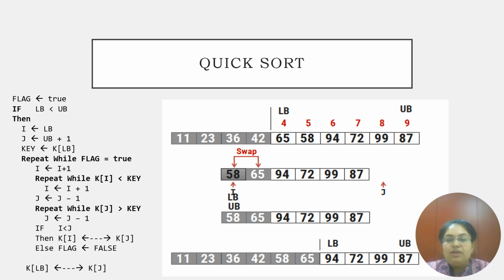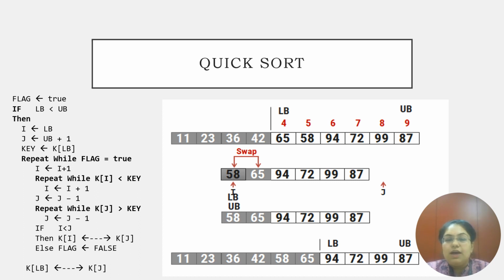After swapping, we have found that we have these two sorted parts where we are incrementing the value of LB and decrementing the value of UB, which is upper bound. As we are doing so, we have the second portion where we have the sorted elements. So now 58 and 65 are in their right position.